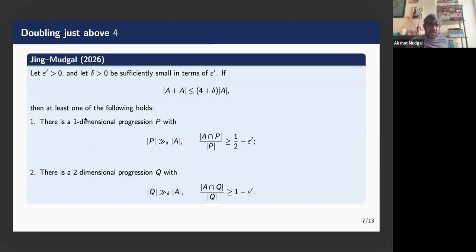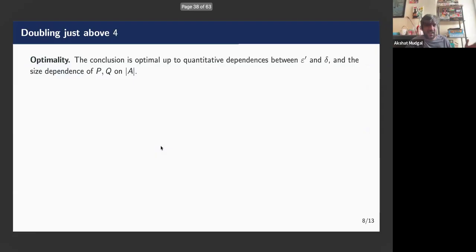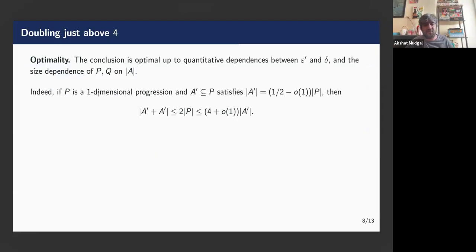And it's optimal. So essentially, these two are the only things you expect. In particular, if you have a one-dimensional progression and some subset of this progression which has density close to half, then indeed its doubling will be at most 4 plus something small.